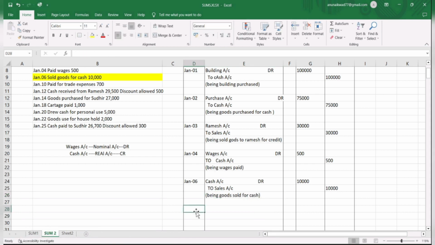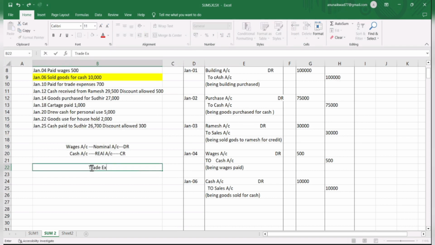Next, paid trade expenses. Again, trade expense comes under our nominal account, and expense under nominal account are to be debited. We are paying it in our cash. Cash is real account and it is credited. So the transaction is of Jan 10.